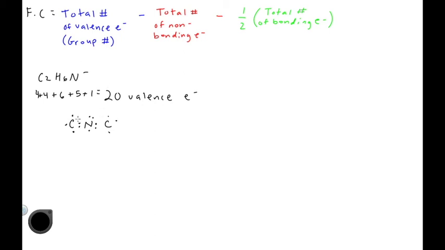So let's go ahead and add those electrons to the carbons. So this is our structure of dimethyl azonide.